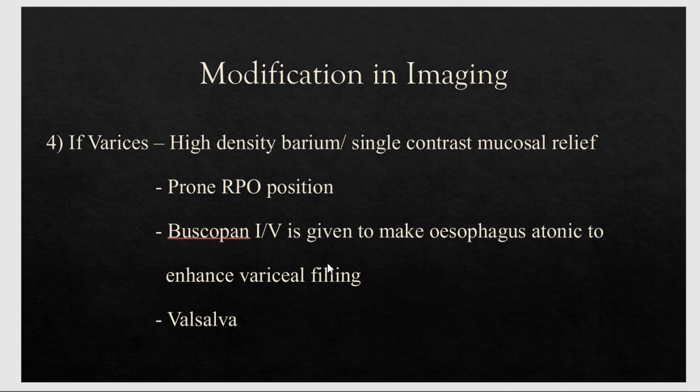After giving Buscopan, the esophageal muscles are usually atonic. And sometimes we can ask the patient to do the Valsalva maneuver. Just close your nostril and the mouth and try to balloon it up. You must have gone through that Valsalva maneuver in the ENT postings, right?